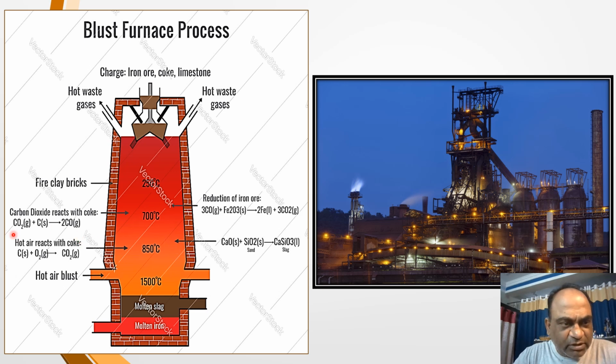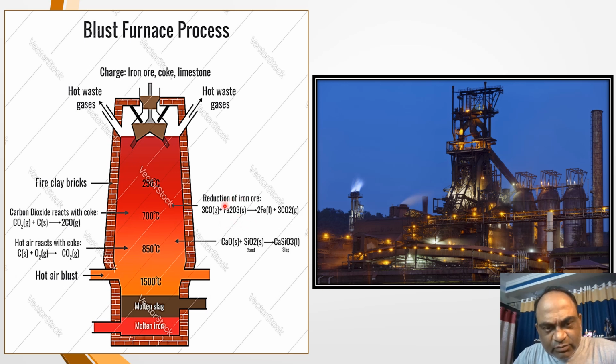So you have got CO2 and coke basically mixes to produce CO gas, and hot air reacts with the coke to produce carbon dioxide, and this CO reacts with Fe2O3.